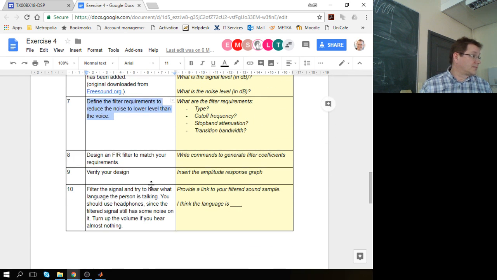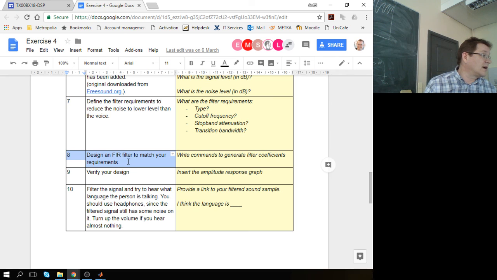Okay. And then, design an FIR filter to match it. Verify the design. And the last one is to filter the signal to try to hear what language the person is talking.